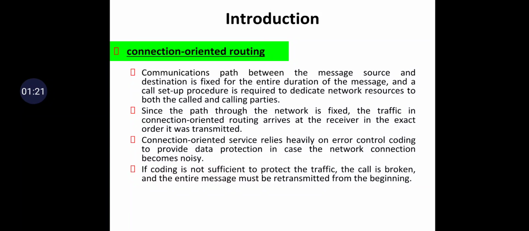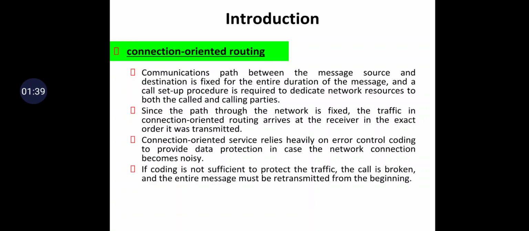Let's see about connection oriented routing. In connection oriented routing, there is a communication path between the message source and destination. It is fixed for the entire duration of the message. And the call setup procedure is required to dedicate network resources to both the called party and calling party.